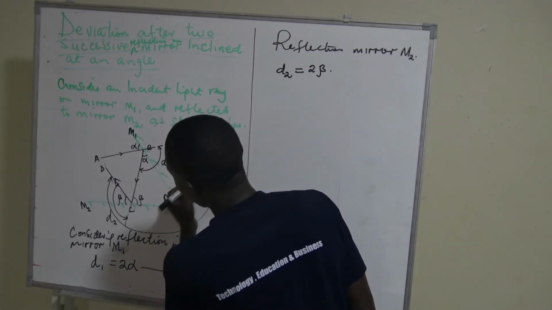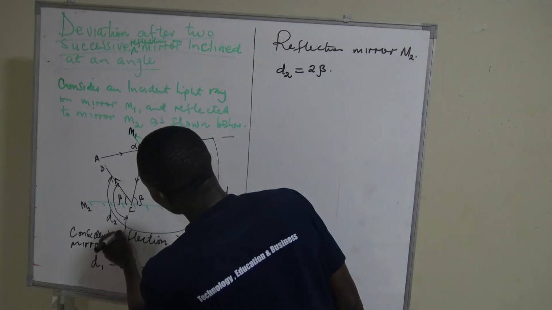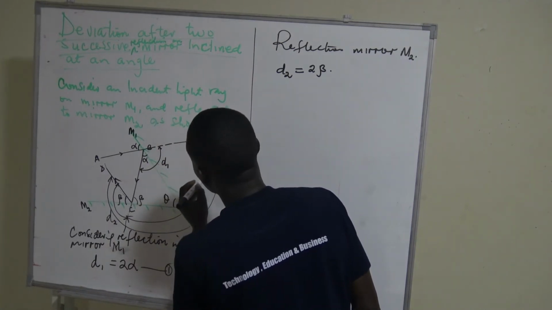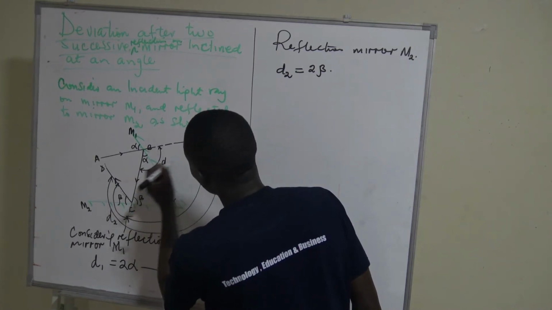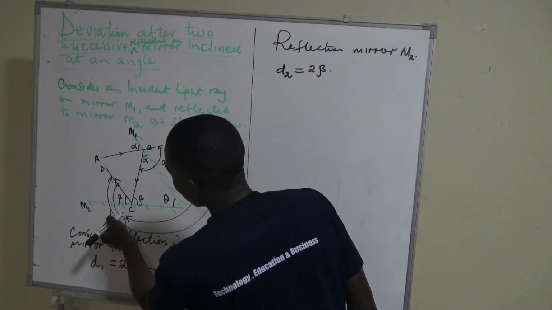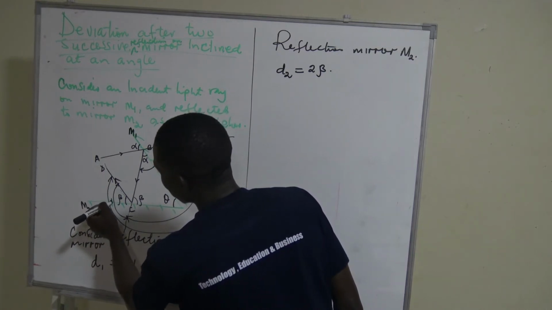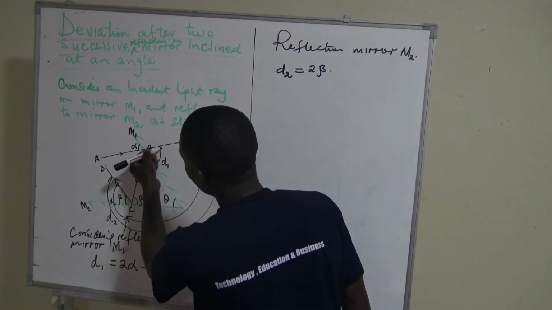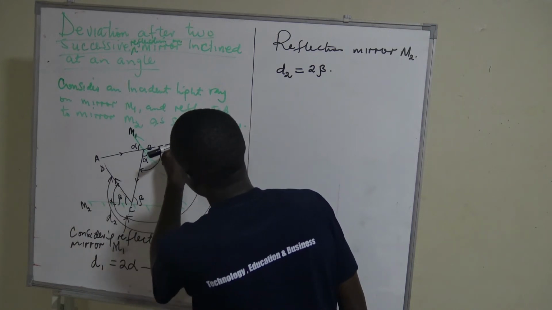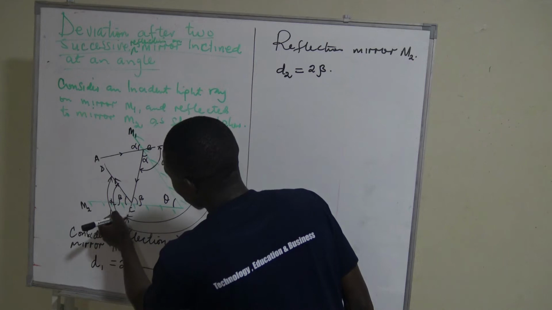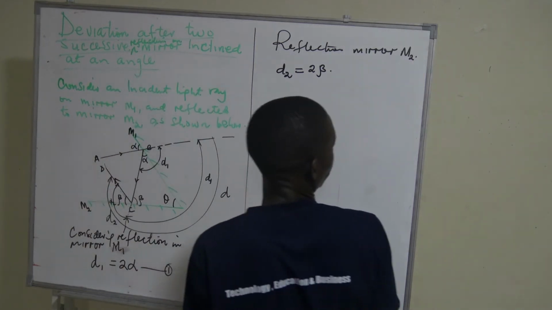This is the same as D1, and then we add this, which is D2. So it is this plus that, and that gives the total deviation.